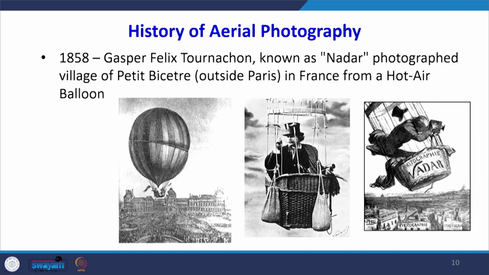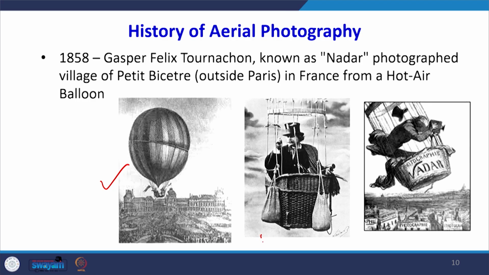But when we are talking of the aerial photography, in 1858 Gaspar Felix, who is known as the Nadar also, photographed outside Paris in a village in France from a hot air balloon. So, this hot air balloon, which we see that it is used for many other activities, recreational activities, the sports activity, long back it was used to take the images, the photographs of the area.